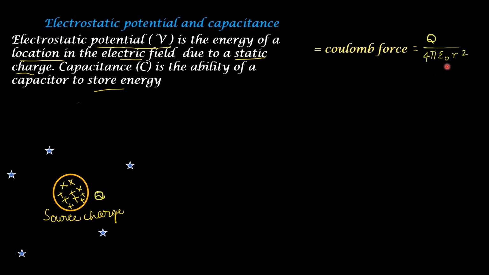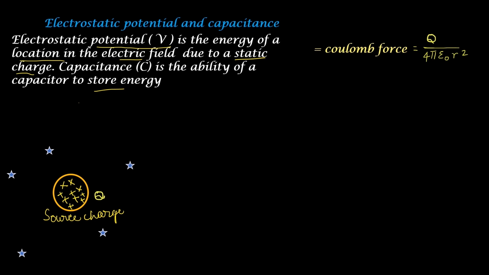Epsilon naught is the permittivity of the medium and R is the distance of the location from the source charge capital Q. Capital Q is the magnitude of the charge. These locations are at different distances from the source charge, so the value of R will be different in each of these cases. In the formula for calculating Coulomb force, R is in the denominator.